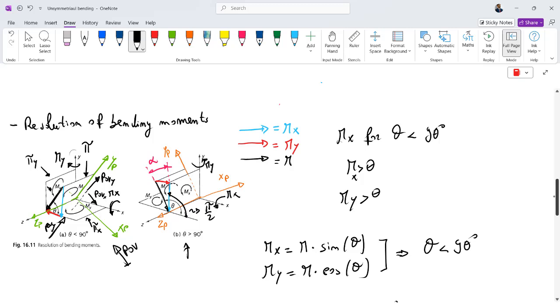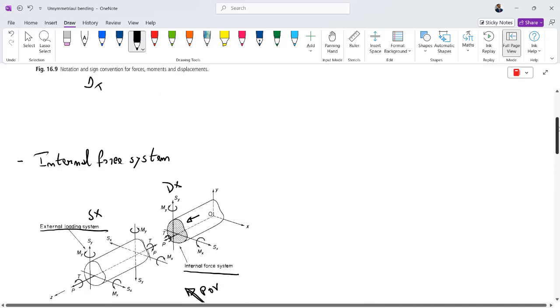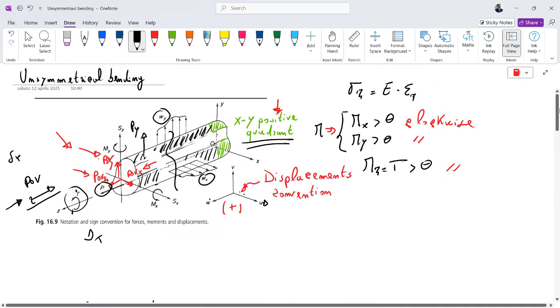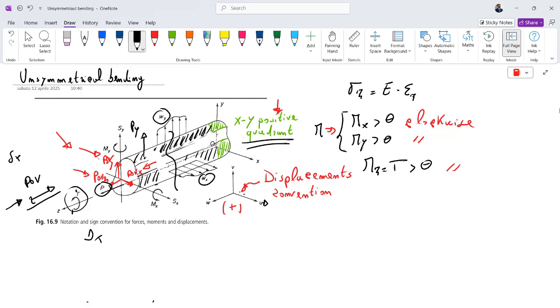So the left side of the beam, the left fibers of the beam, are in tension.